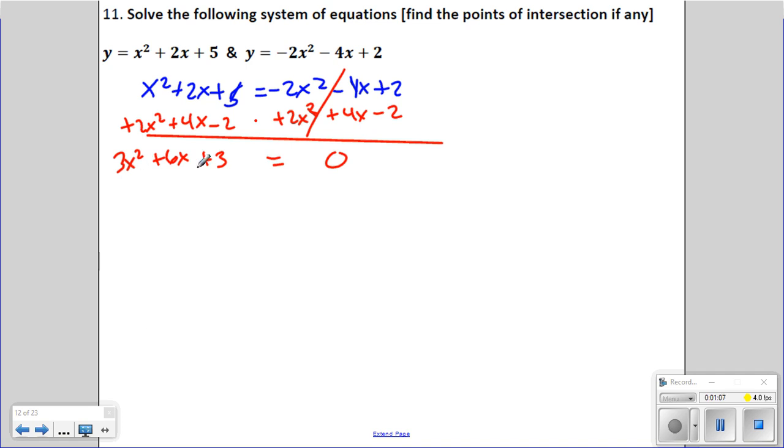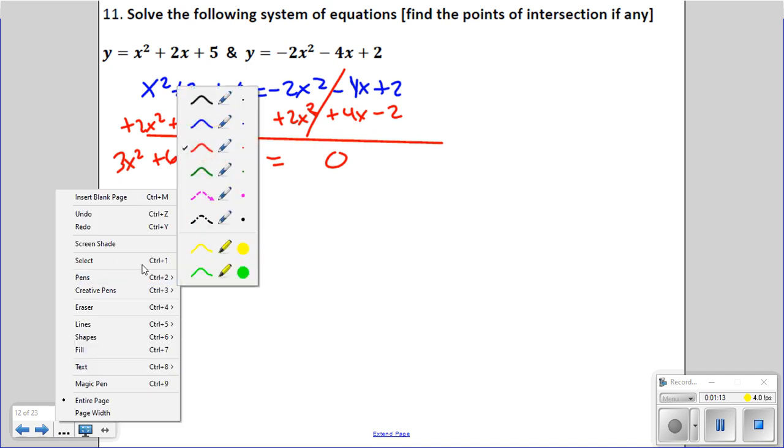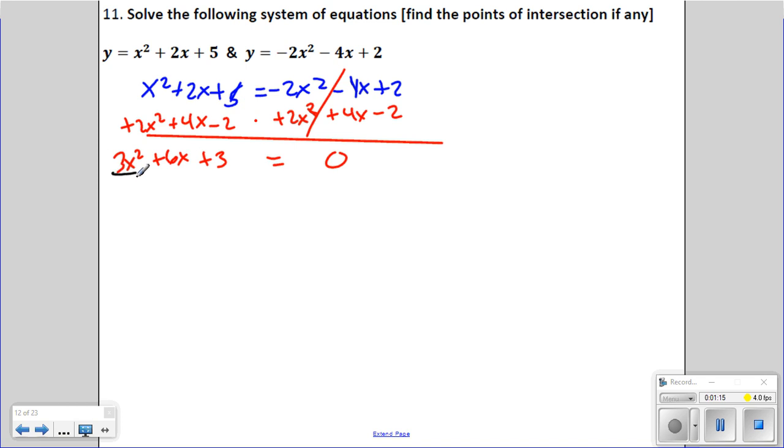I then recognize that 3 is a common factor in all terms. Since I'm solving an equation, it's okay to divide everything by 3 to make my numbers smaller and easier to manage. By doing so, I would have x squared plus 2x plus 1 is equal to 0.